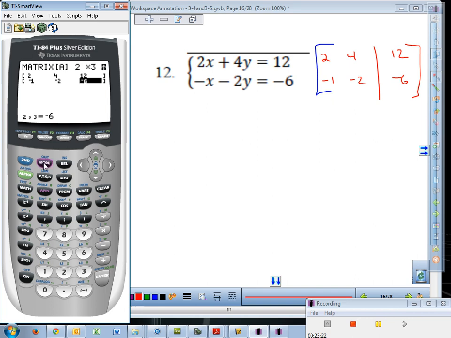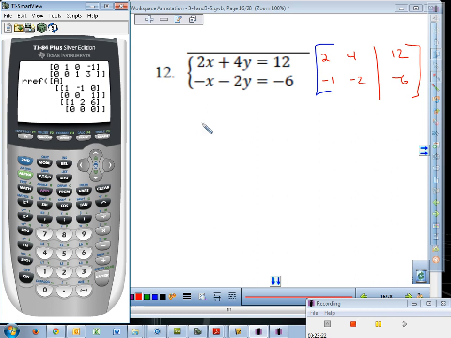I got mine edited. I'm quitting out of it. In this matrix A, am I set to run? Just hit equals again, and it'll give me the answer. Is this doing reduced row echelon form on matrix A? So all I got to do is hit equals, and boom, there it is again.